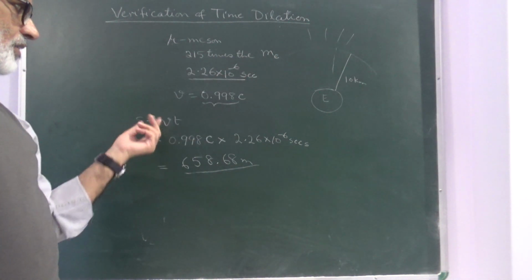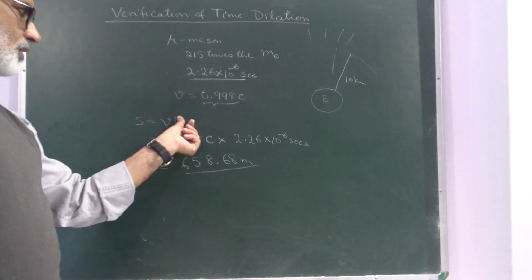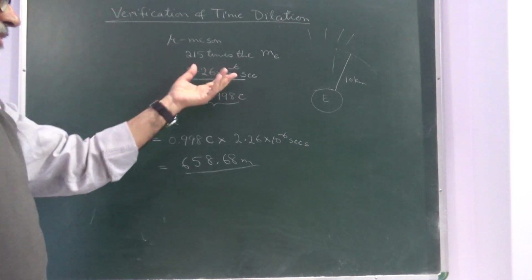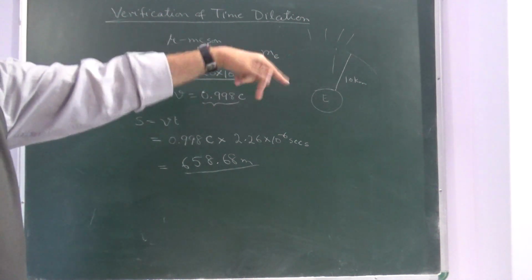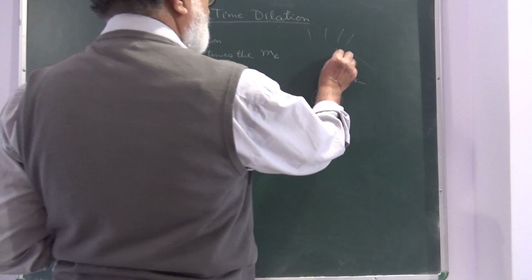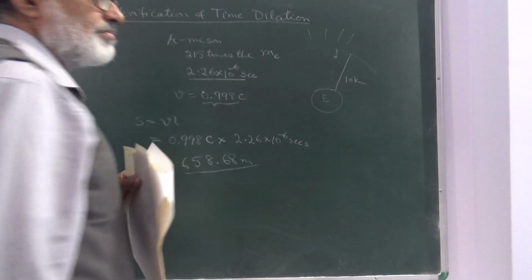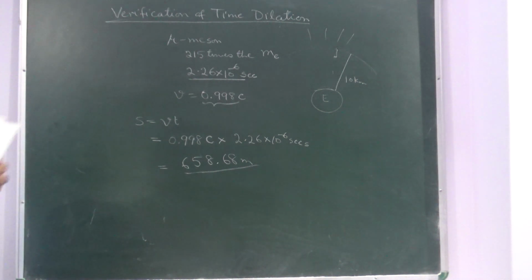Because we are taking its velocity, and its lifetime is this much, so in this time it must disintegrate. But still we found it at the surface of the Earth.